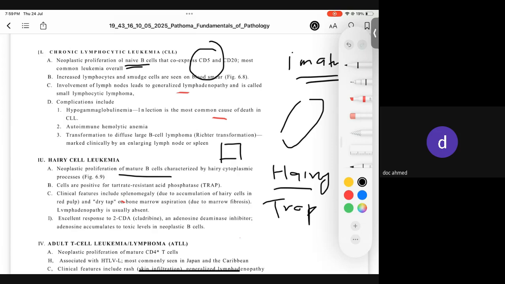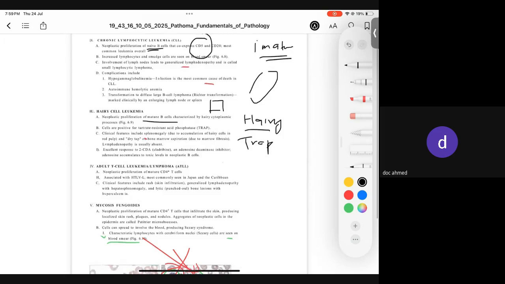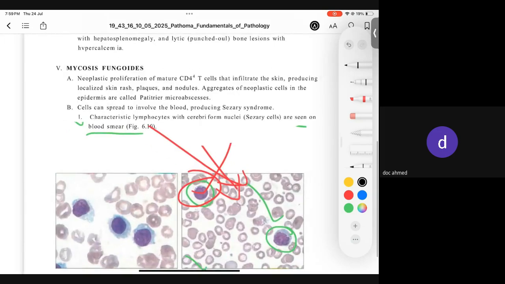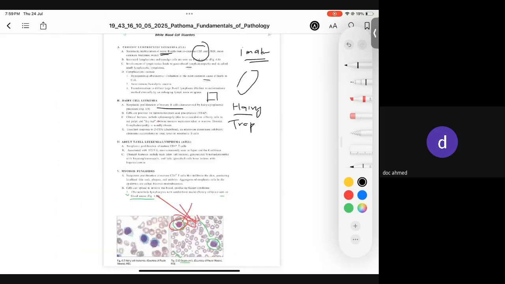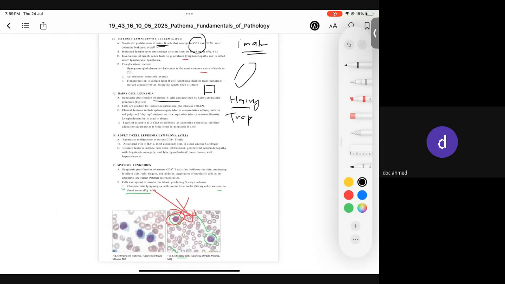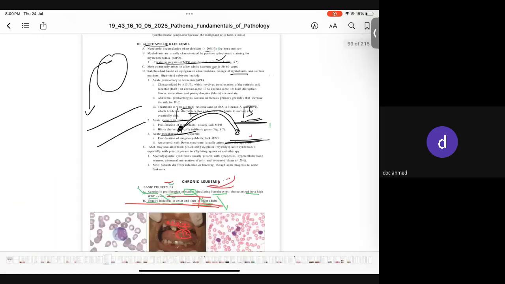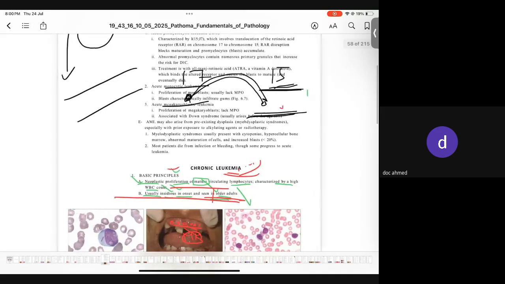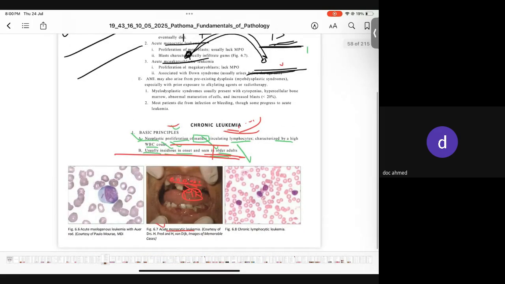So in naive B cells, we are going to have smudge cells. They're going to give you the picture of this smudge cell. Let me just show it here. You can see, okay, it's hairy, right? And where is your smudge cell? Okay, 6.8. So you can see, okay, chronic.